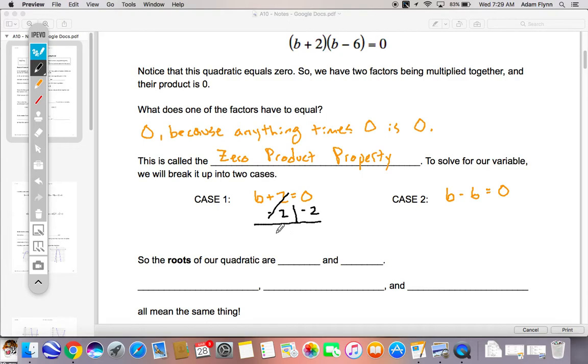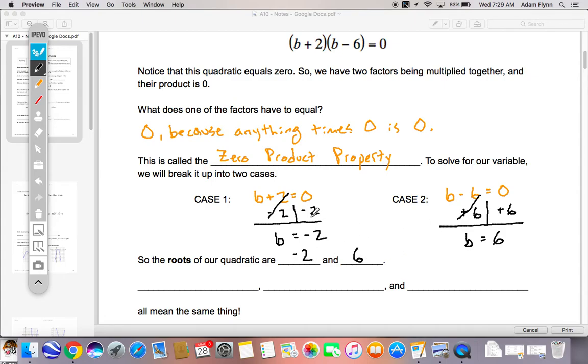Those would cancel. So we get b equals negative 2. And for case 2, to get the b by itself, we would add 6. So we would get b equals positive 6. So the roots of our quadratic are negative 2 and 6.